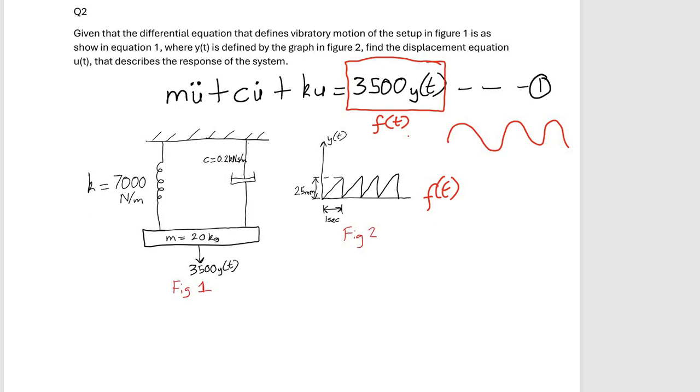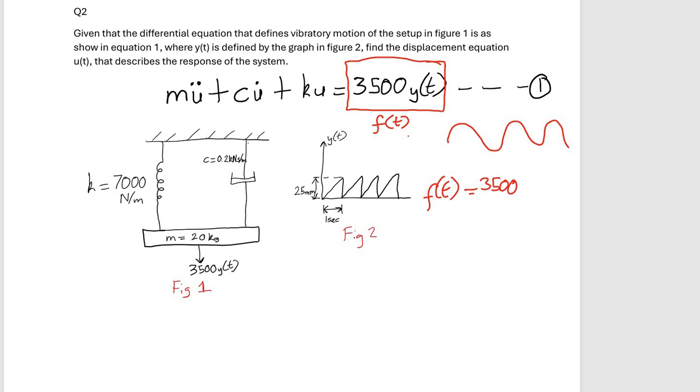Looking at this one second period, f(t) is basically a straight line. I still multiply it by that 3,500.